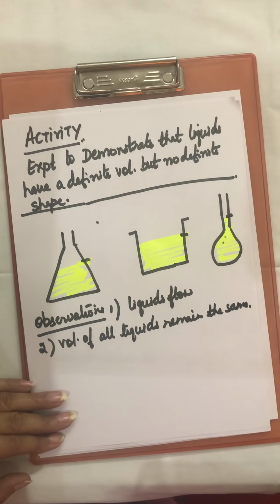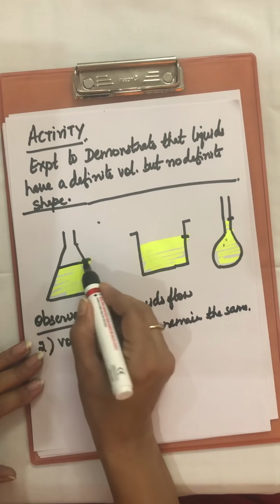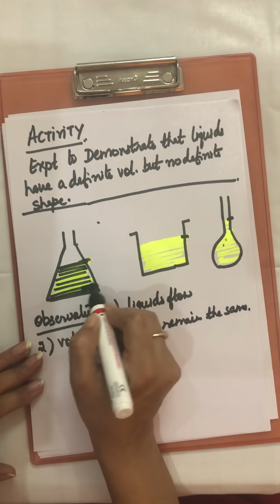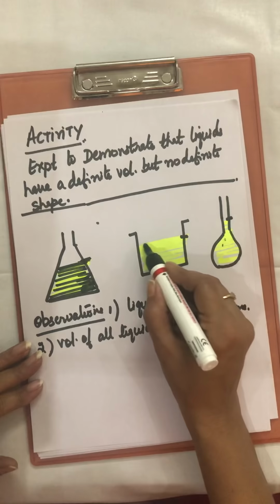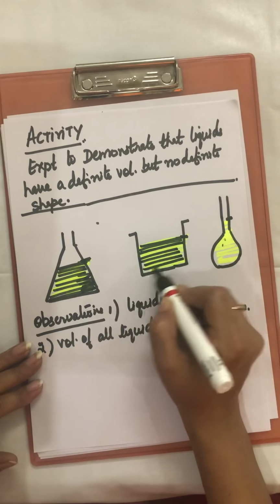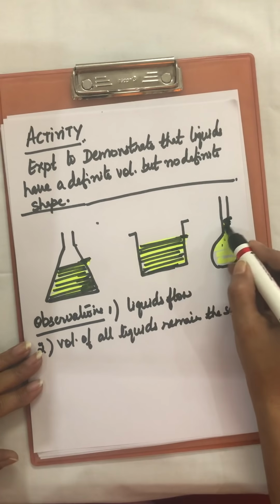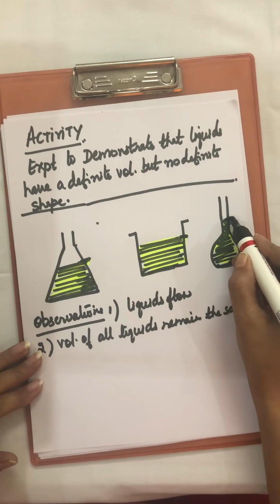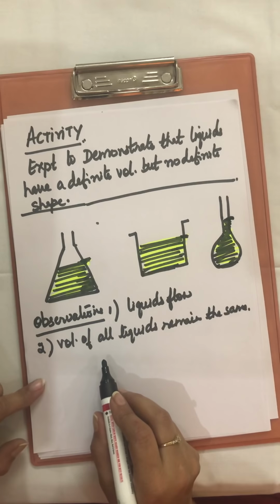After water, when we add some other liquid into this, we observe that the 50 ml of liquid also fills up to this mark. Even here, when we add some other liquid in place of water, it also fills the container up to this mark. Even here, the 50 ml of another liquid fills the container up to this mark. So the volume of all liquids remains the same.